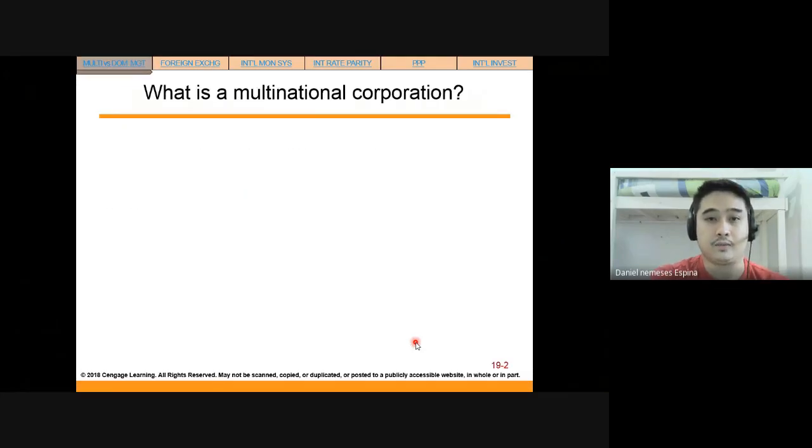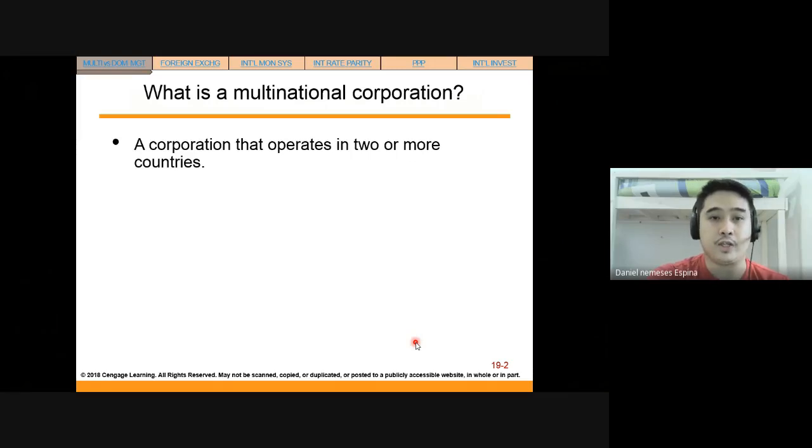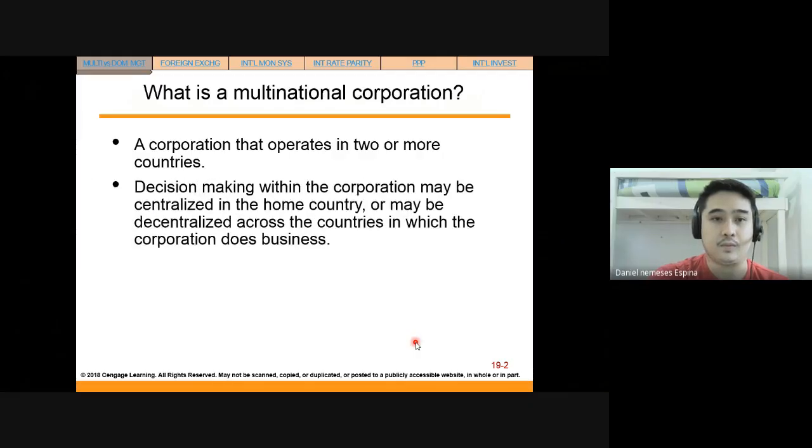So first, let us define the multinational corporation. A multinational corporation is a corporation that operates in two or more countries. So the operation is not only limited to its home country or to the domestic country, but it operates in other countries.